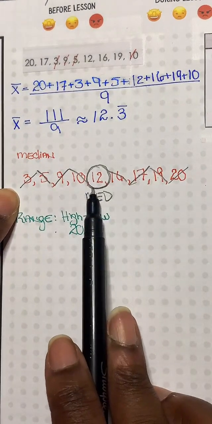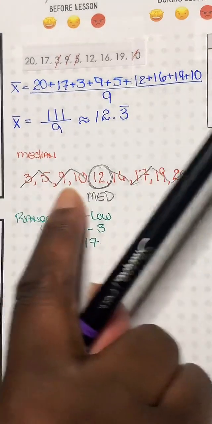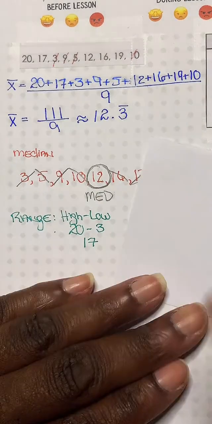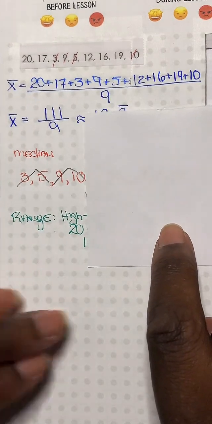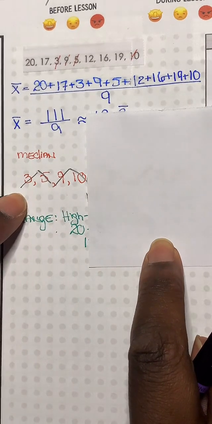So now what I'm going to do is use this data right here in red. I'm going to cover up the median, and I'm going to look at the lower numbers.